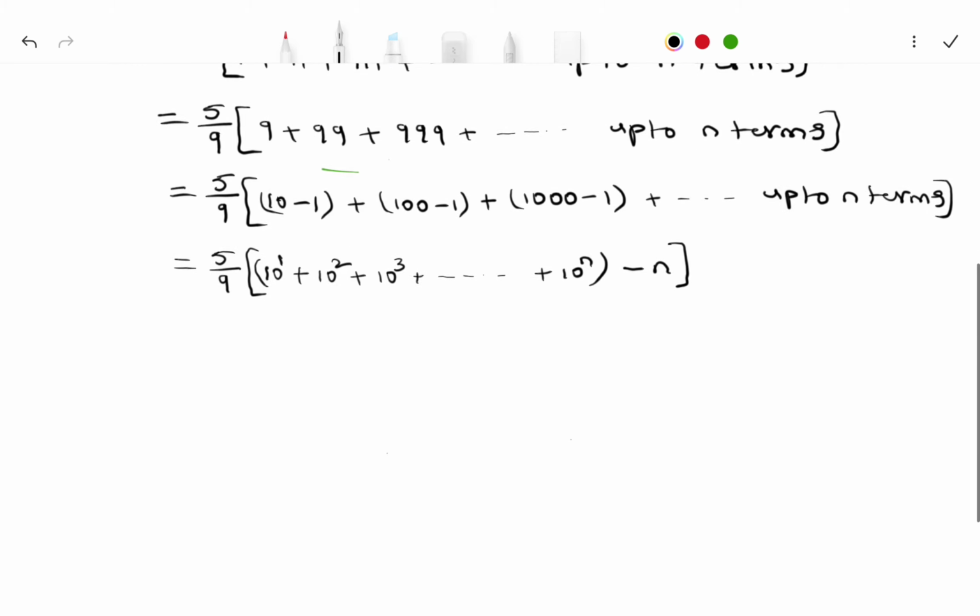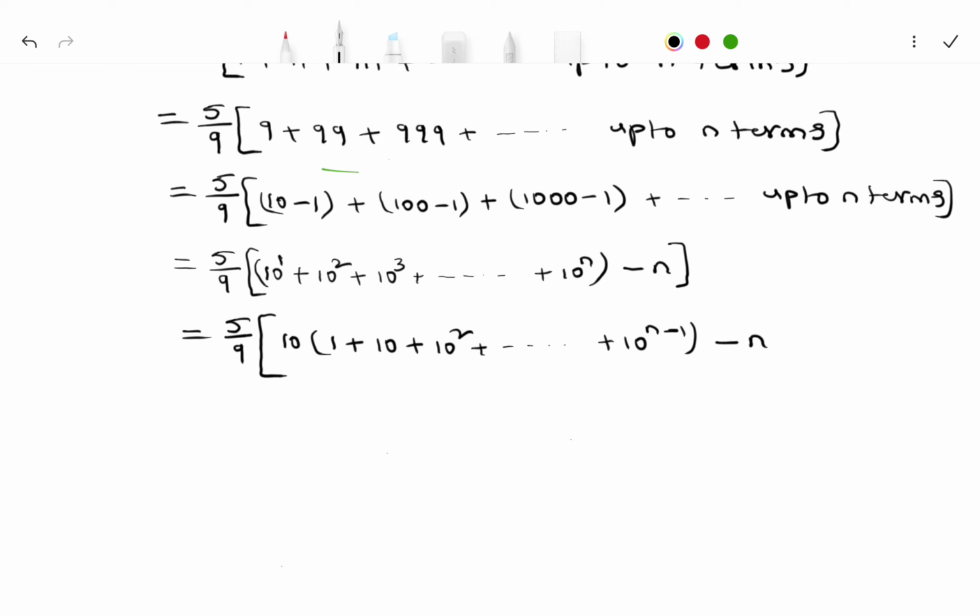Here this is equal to 5 by 9 into, here you take 10 common, that becomes 1 plus 10 plus 10 square plus and so on plus 10 power n minus 1, right? So this is the first part, minus n.